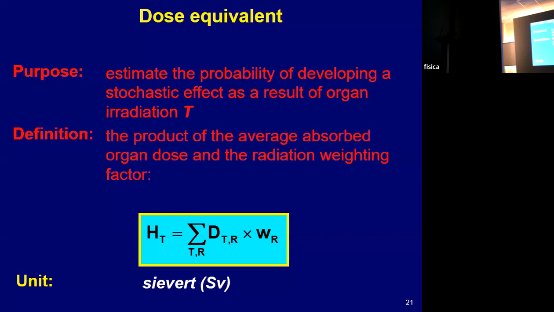The equivalent dose is intended to assess the risk of developing stochastic effects of radiation, taking into account the influence of radiation quality. The unit for this dose is a joule per kilogram, and in this case it is called the sievert. The quantity of equivalent dose was defined by the ICRP in the 1990 recommendations.